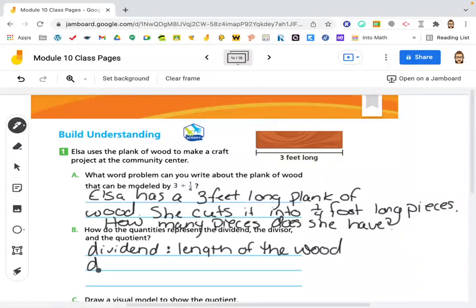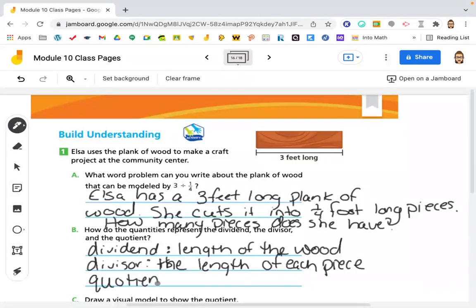The divisor is the length of each piece. And the quotient, the number of pieces.